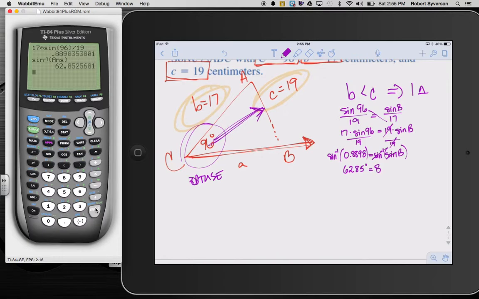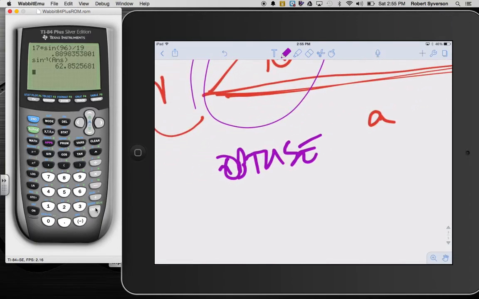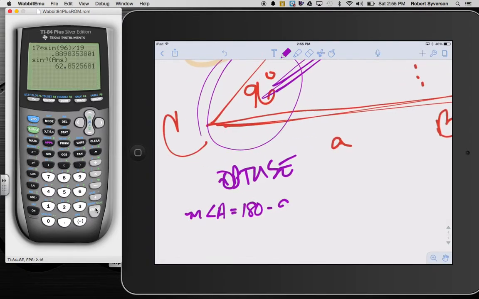Now I've got to go for side A and angle A. Now, next move I'm going to do is to find the measure of angle A. And I'm going to use the fact that all the angles add up to 180. So the measure of angle A is going to be 180 minus 96 minus my 62.85.